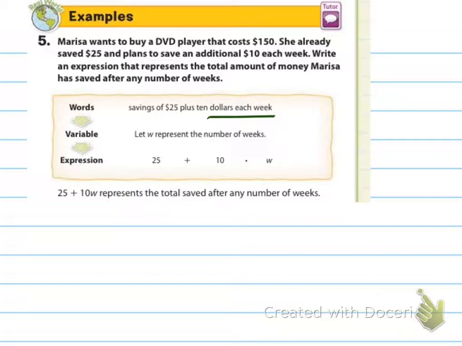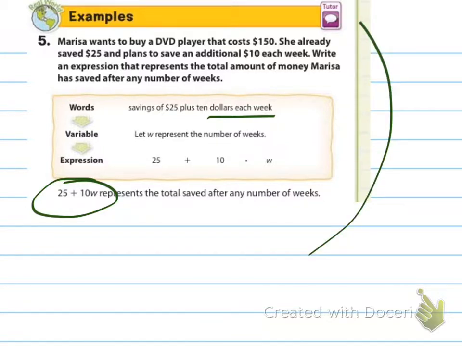We're going to have to multiply that amount times 10 and then add in that $25 that she already put away. So 25 plus 10 times W is the final expression that we're talking about. So if you'd like to write down the example, you may, but you don't have to. If you already started, go ahead, finish up. But this is probably a good way to go.